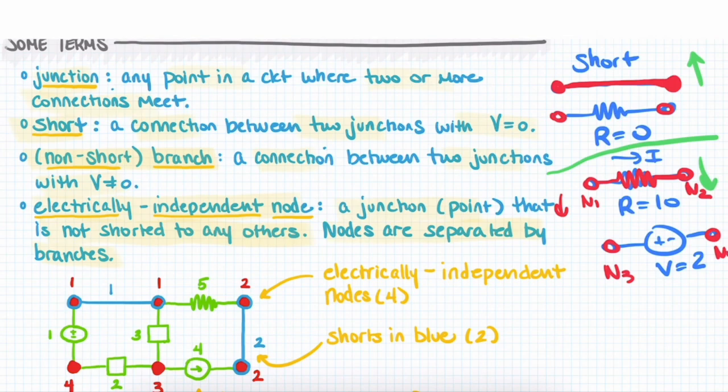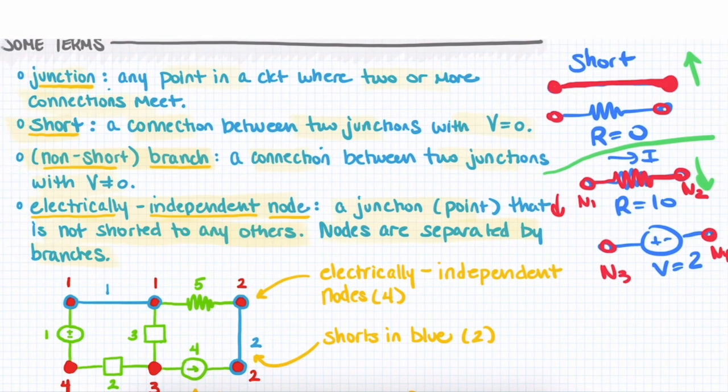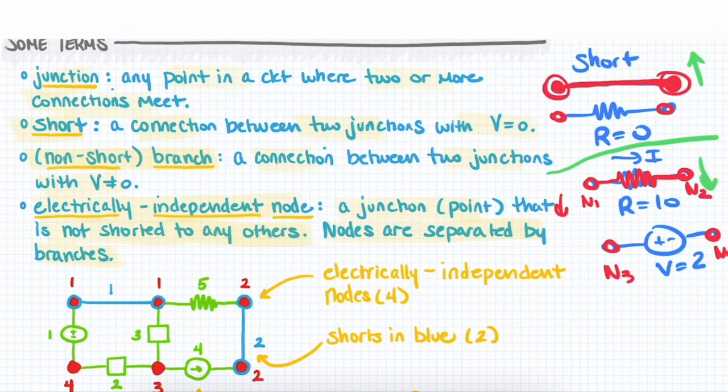So understanding the relationship between junctions, shorts, branches, and electrically independent nodes is important. And I want to spend a second also talking about what electrically independent means. The reason why these two are not separate nodes is because they're not electrically independent from one another. Why not?